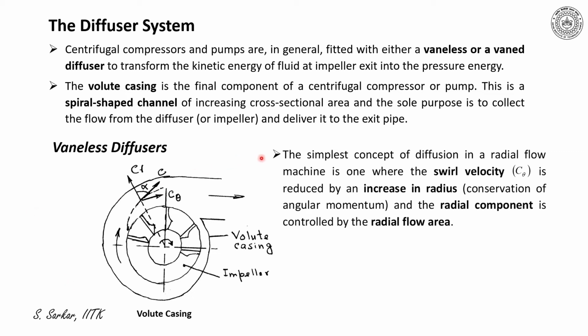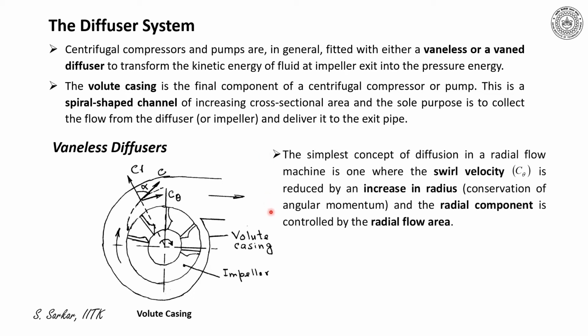Thus, the simplest concept of diffusion in a radial flow machine is one where the spiral velocity component C theta is reduced by an increase in radius, considering the conservation of angular momentum, and further the radial component is controlled by the radial flow area.